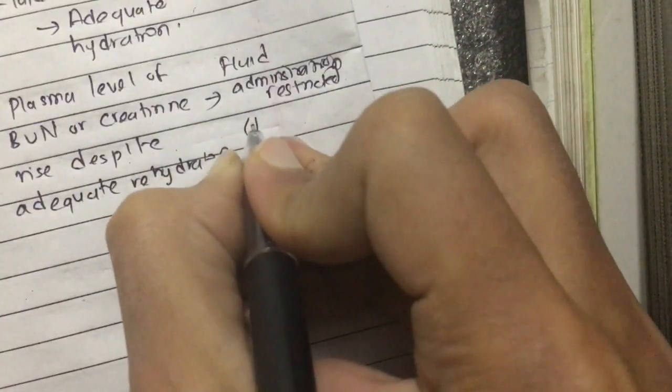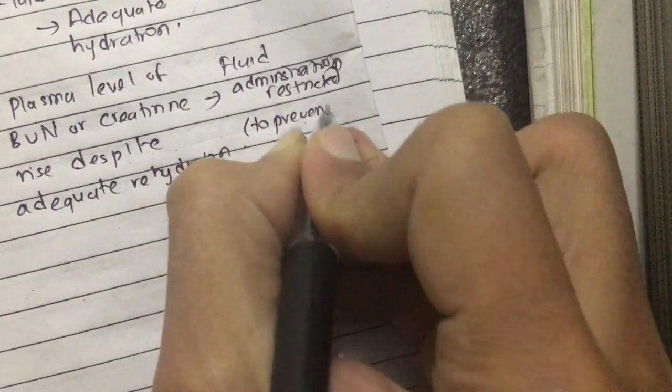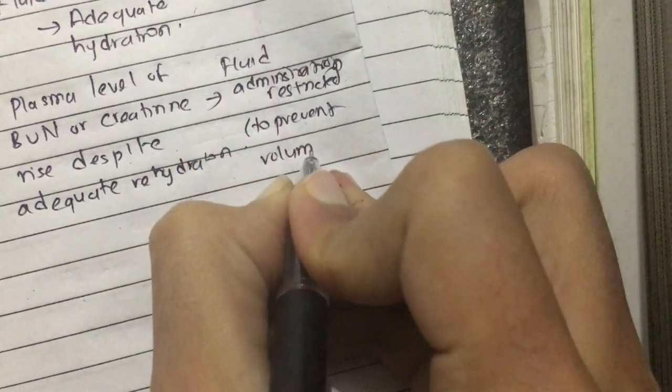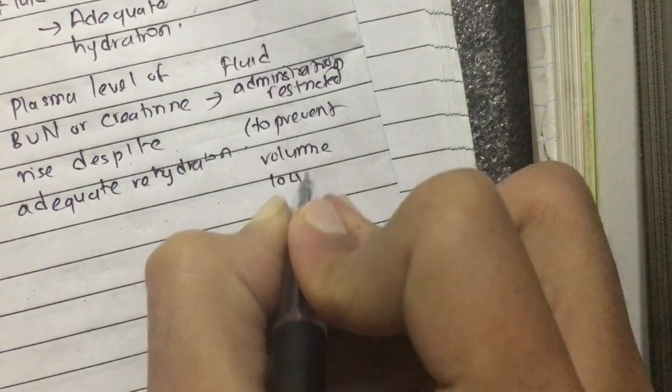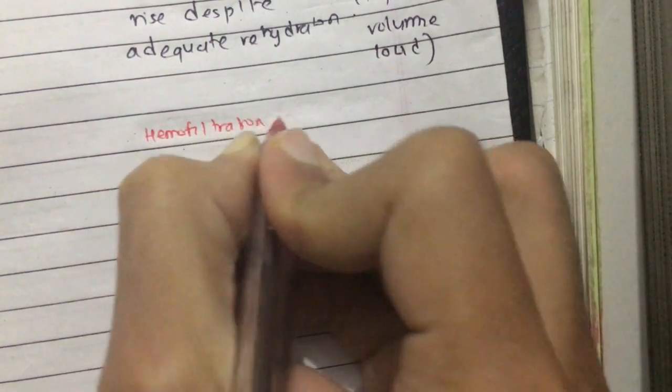So to prevent volume overload, hemofiltration or hemodialysis should be done as soon as possible.